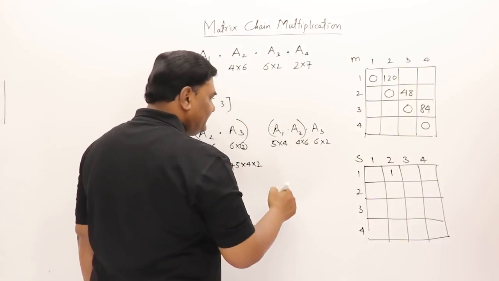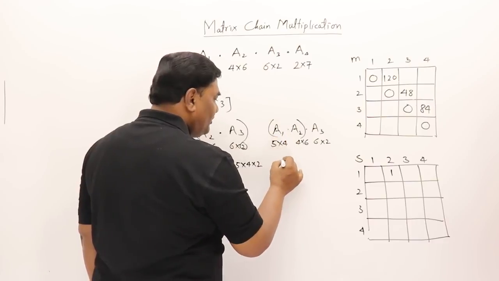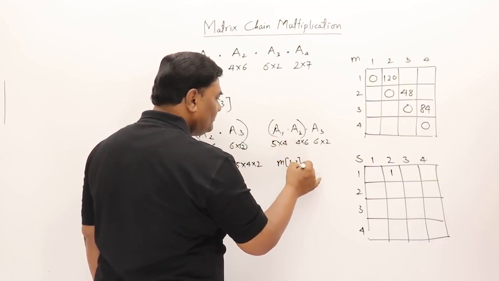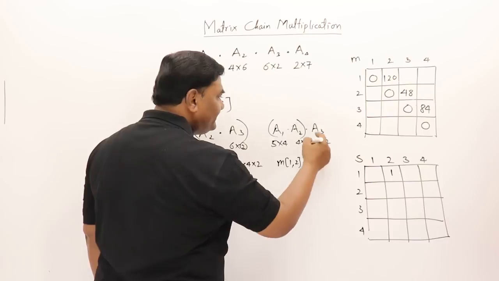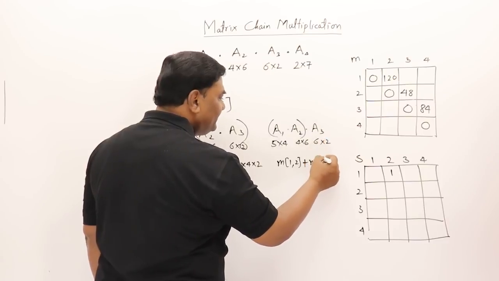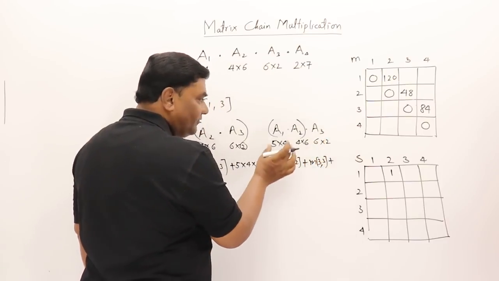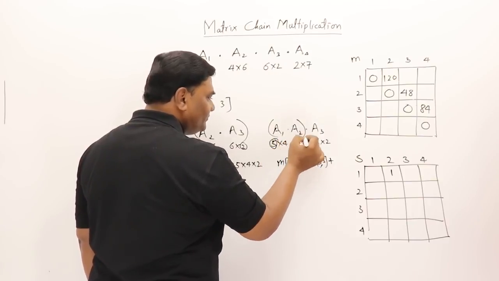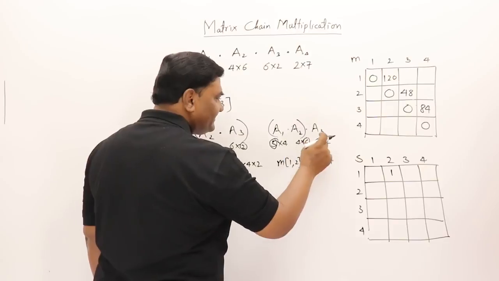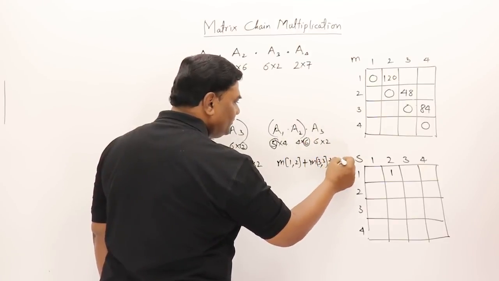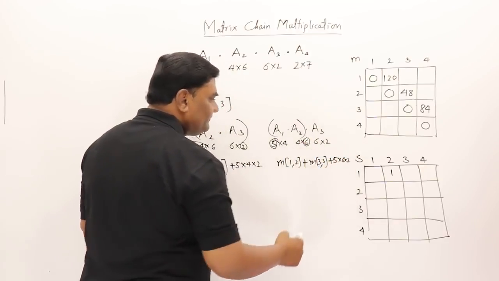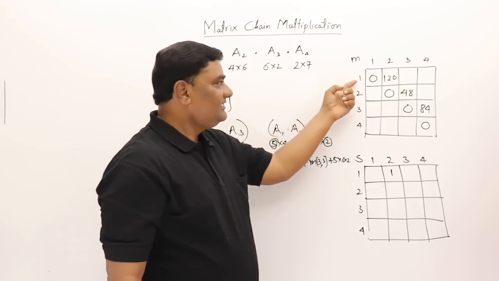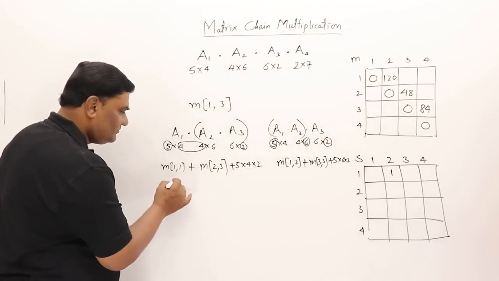Then what about this side? This is M of 1 comma 2 plus M of, this is just A3, so write 3 comma 3. Then plus, what are the dimensions? See, the final dimensions of this one will be these two. So 5 into 6 into 2. Now, M of 1 comma 1 is how much? 0.